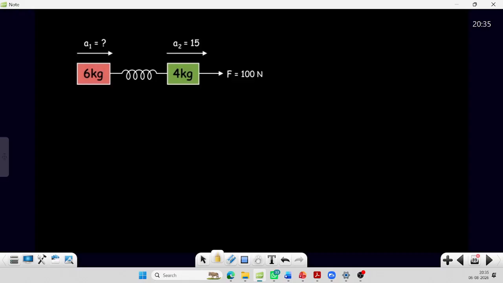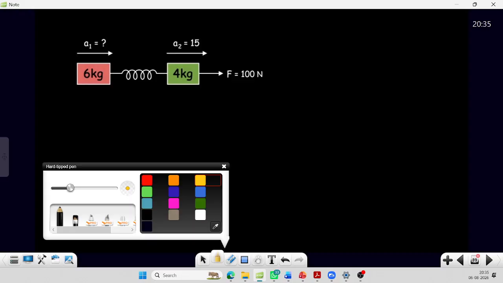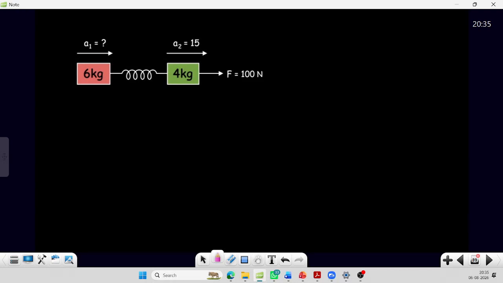Look at now. Just imagine, here this block, we applied some 100 newtons force. Then obviously this block will try to stop the 4 kg block.